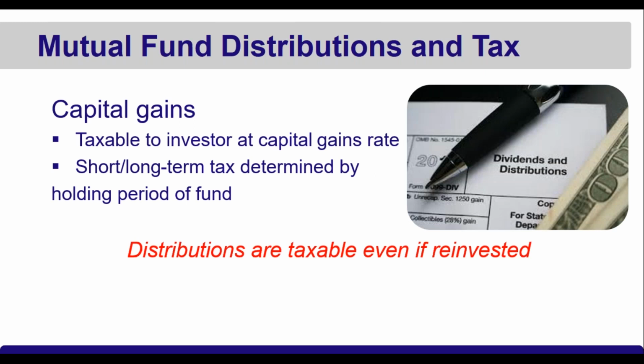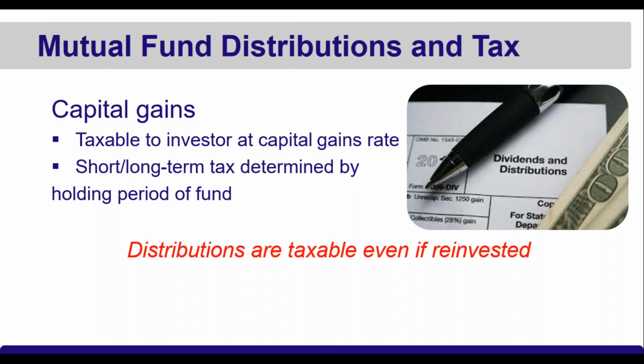Capital gains are something else that a fund is required to distribute. This is going to happen as a result of sales of securities in the portfolio. If the fund manager sold a position and made a gain, then those gains are taxable, and those taxes, however, are paid by the shareholders, not by the fund company itself.